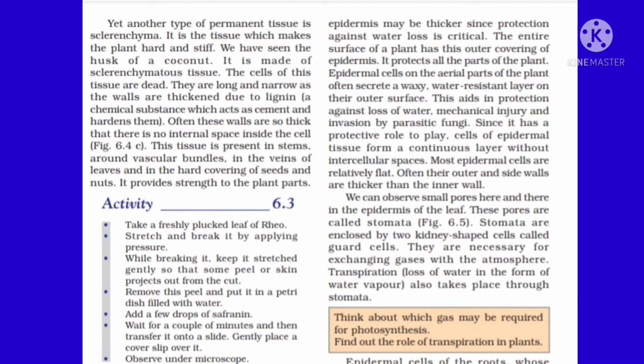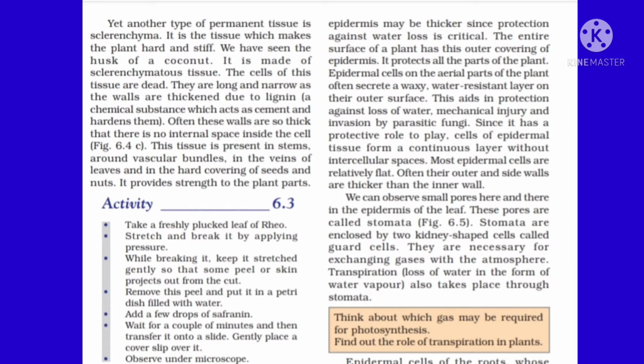In some plants, basically dry plants, that means plants that live in a dry habitat, there is a thicker coating, that means a thicker epidermis. What is the function of this covering? It protects the whole body. It protects the plant against water loss. The epidermal cells secrete a waxy substance which acts as a water-resistant layer, that means it doesn't allow water to escape from the plant.